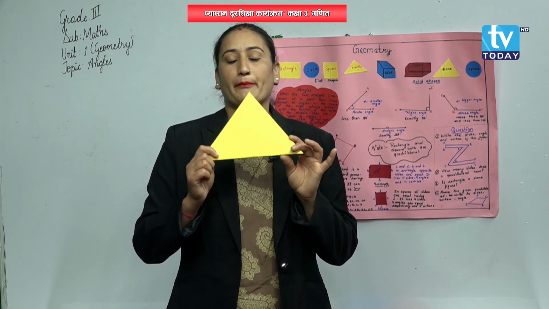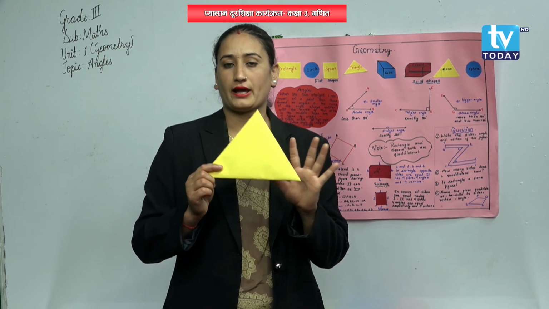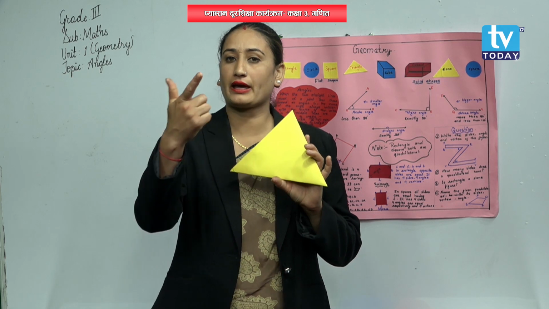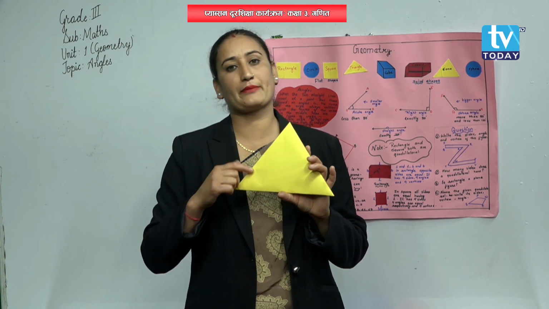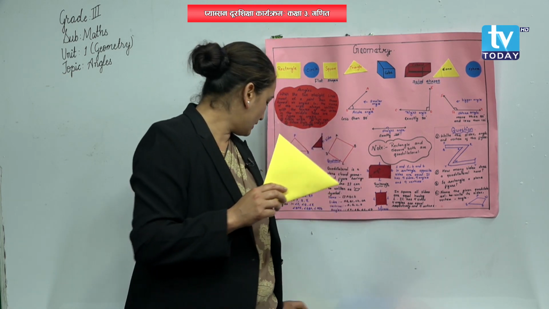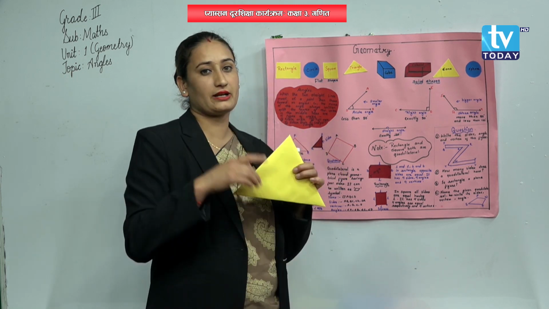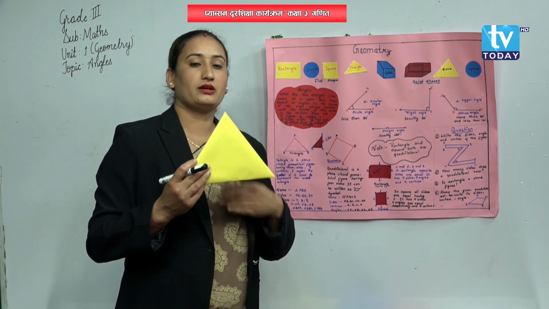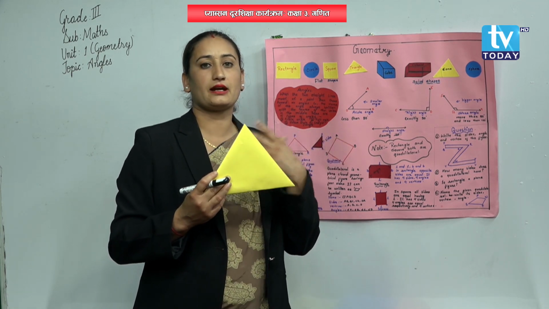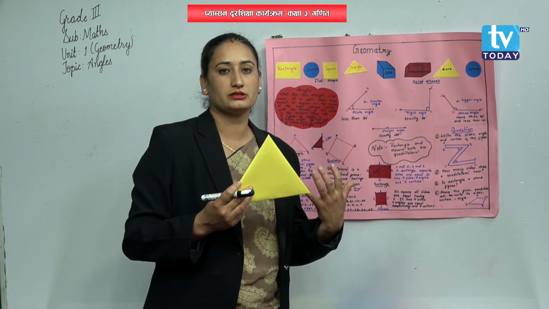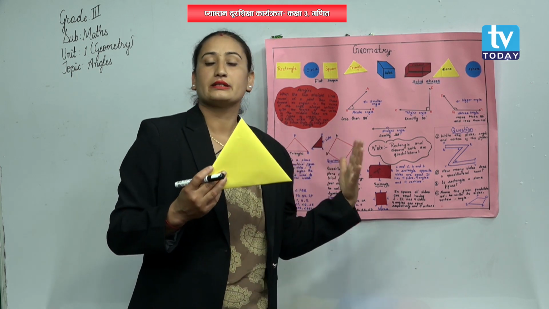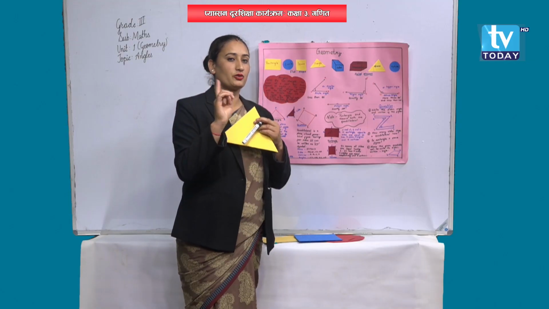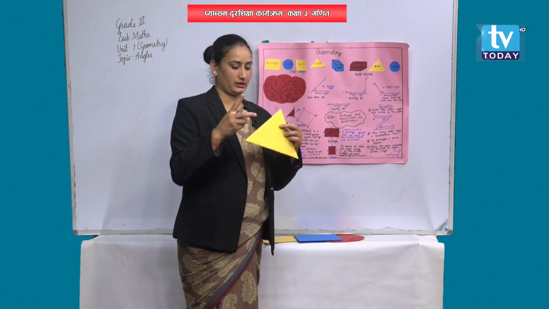We need to mention the name of the triangle. Can we mention the name by writing with capital letters? Shall I write capital letters here? Okay, very good. Now listen here, I will write capital letters and you have to tell me the answers, okay? And along the way, after giving this answer, I will teach you again about the definition of a triangle. Stay with me, okay? Don't go anywhere. Okay, see here.